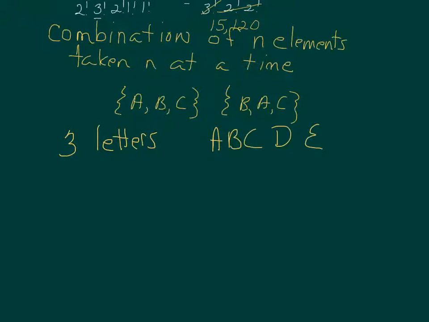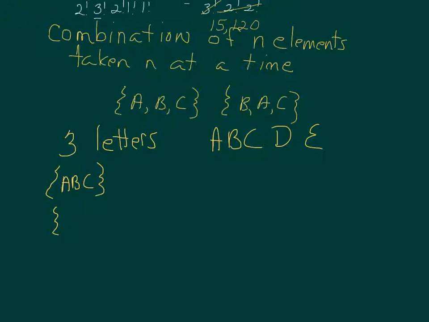How many different ways can we choose 3 letters from A, B, C, D, and E? Take just a minute and see how many different ways you can choose those 3 letters. So if we choose A, B, C, then I don't want to do BCA. Okay? So we could choose ABC.